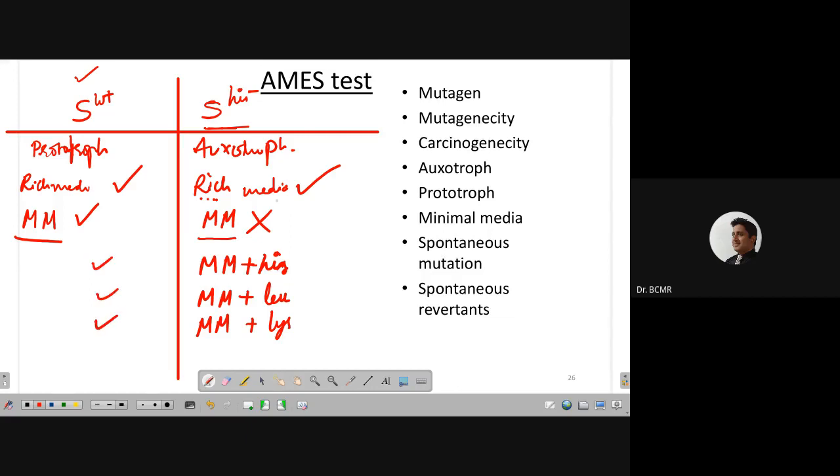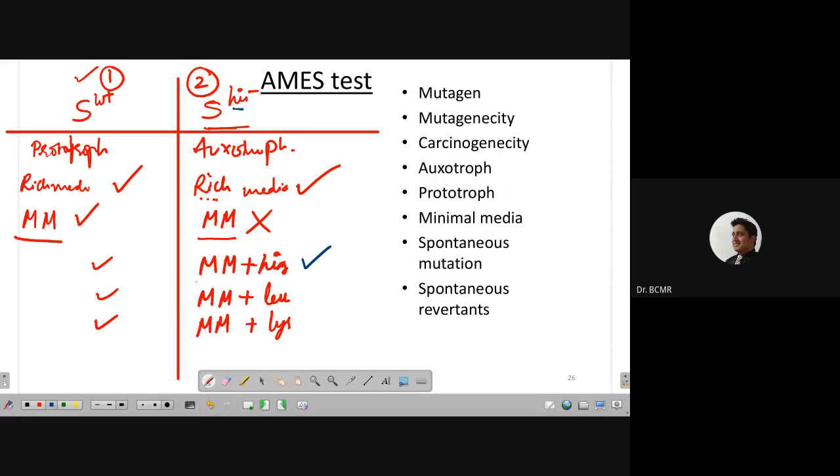I want you to tell me what will happen to this strain, that is the His minus strain, the auxotroph for histidine. Will it be able to grow in this situation? If histidine is supplied, it will be able to grow. Why is that? Because it is deficient only in synthesizing histidine.